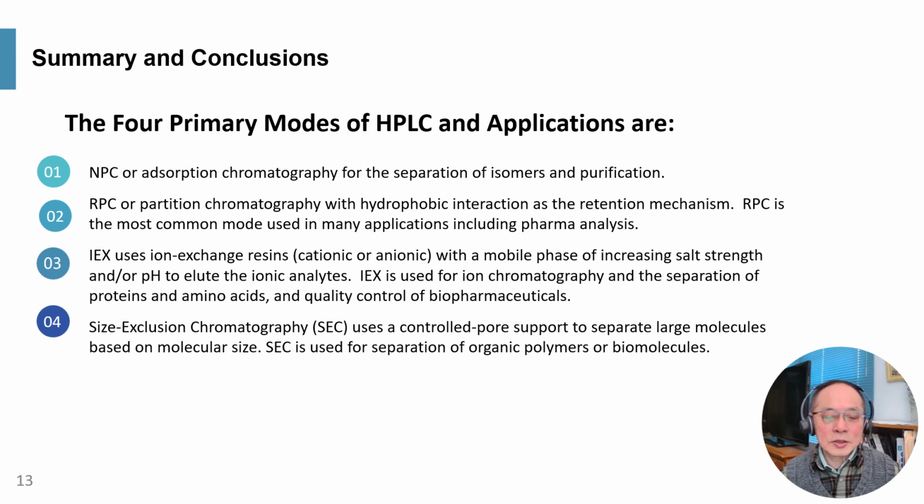Here's my summary and conclusion. The 4 primary modes of HPLC and applications are normal phase chromatography, or adsorption chromatography, for the separation of isomers and purification; reverse phase, or partition chromatography, with hydrophobic interaction as a retention mechanism, which is the most common mode used in most applications, including most pharmaceutical analysis; ion exchange using ion exchange resins, either in the cationic or anionic mode, with mobile phase of increasing salt strength and different pH to elute the ionic analytes.